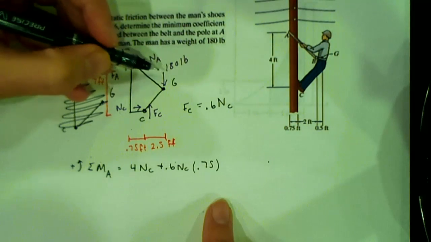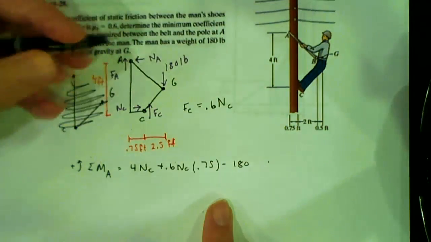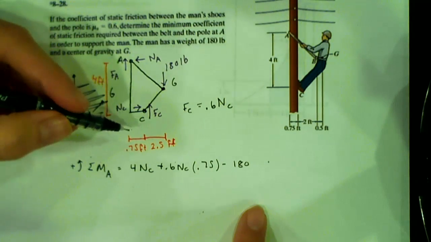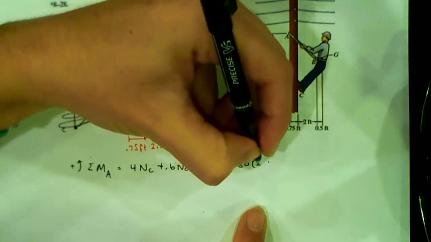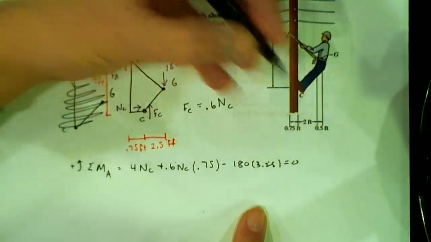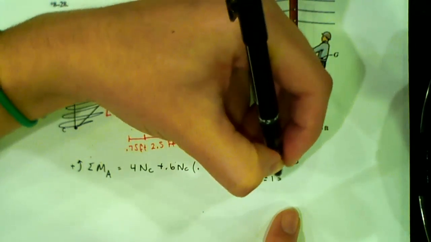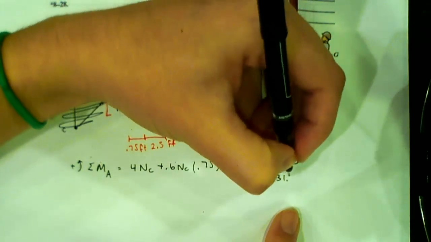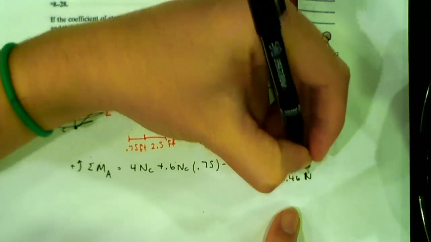And then I have his weight, which is 180. That causes negative rotation, and that is times 3.25, equals 0. So from this, the normal at C equals 131.46 pounds.